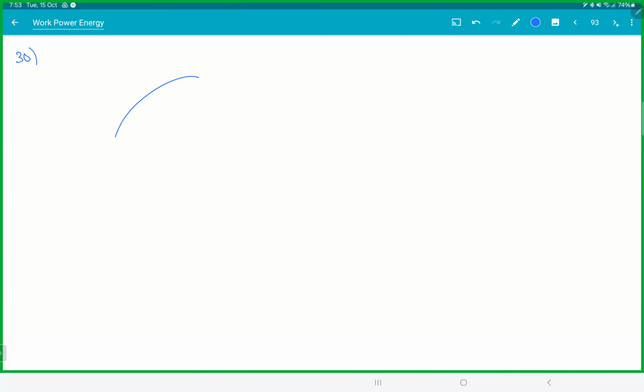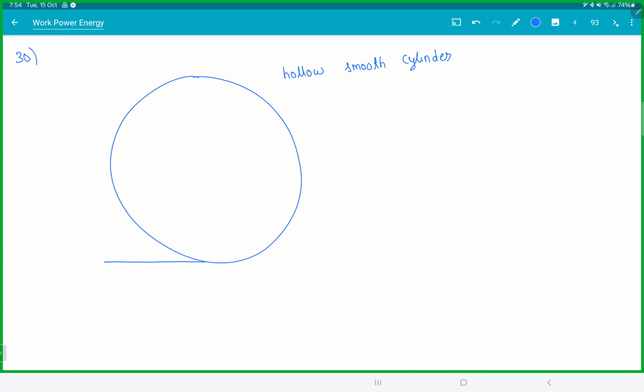So they'll ask a question like this. See, we have a cylinder of radius r.